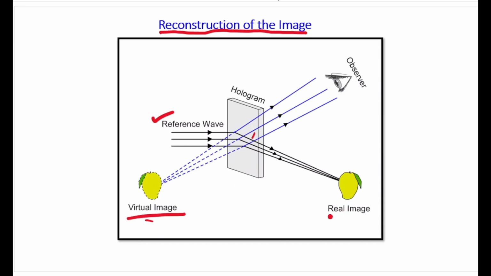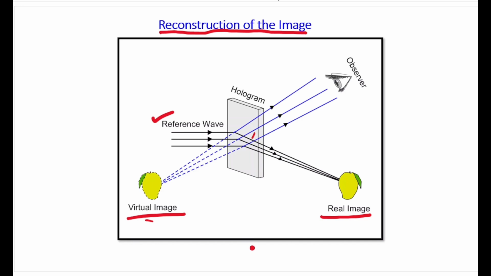The other diffracted waves form the real image. The real image is formed in front of the hologram and the virtual image is formed at the back of the hologram.